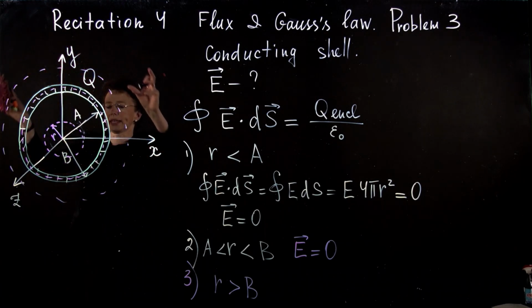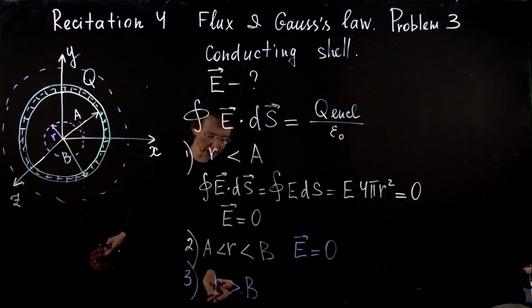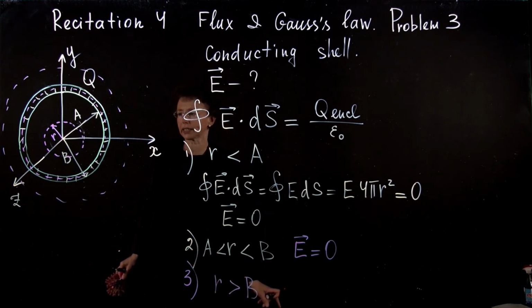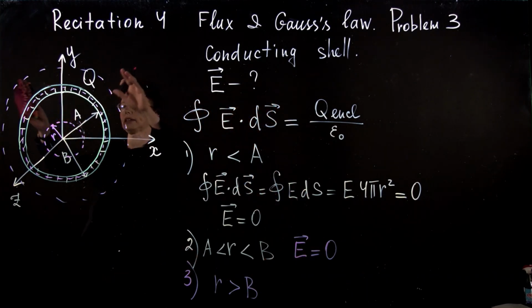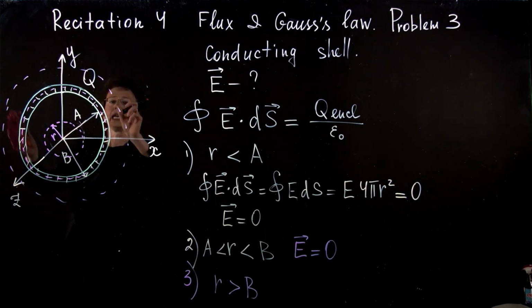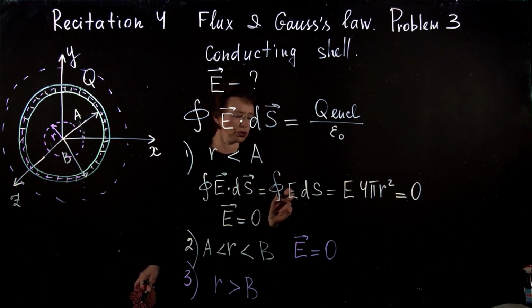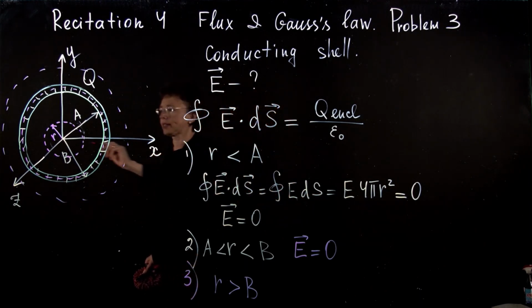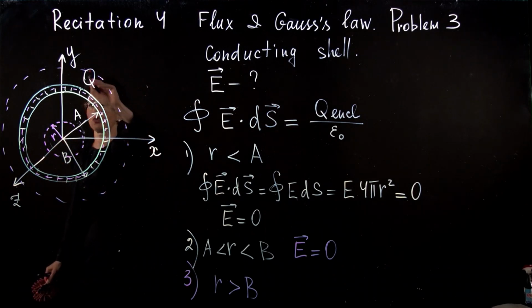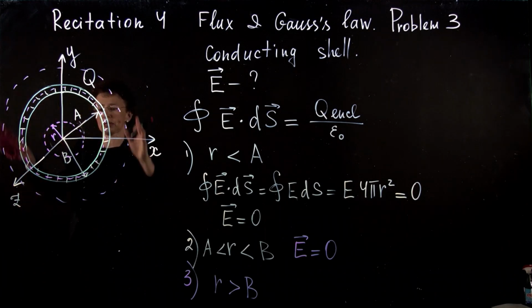This is again a sphere, an imaginary sphere, for any arbitrary r that is greater than B. For the left-hand side of Gauss's law, from symmetry we understand that the electric field is in the radial direction, ds is in the radial direction, and the dot product E dot ds is just E times ds. E is the same at each point of this Gaussian surface. We understand it from symmetry.